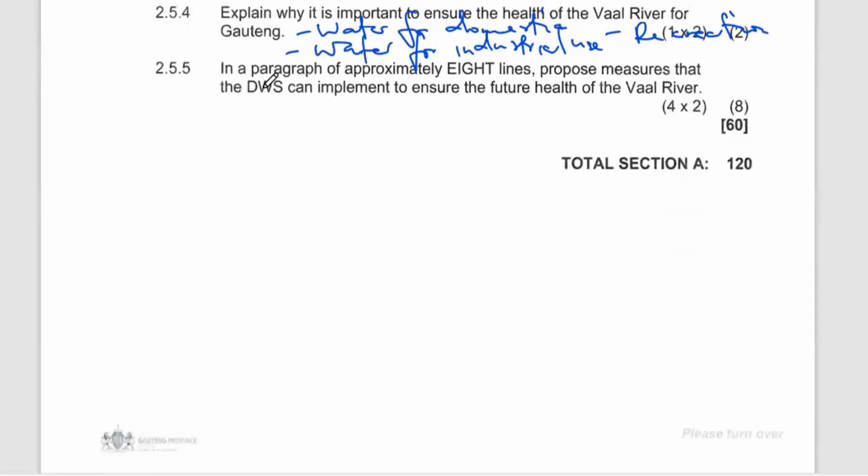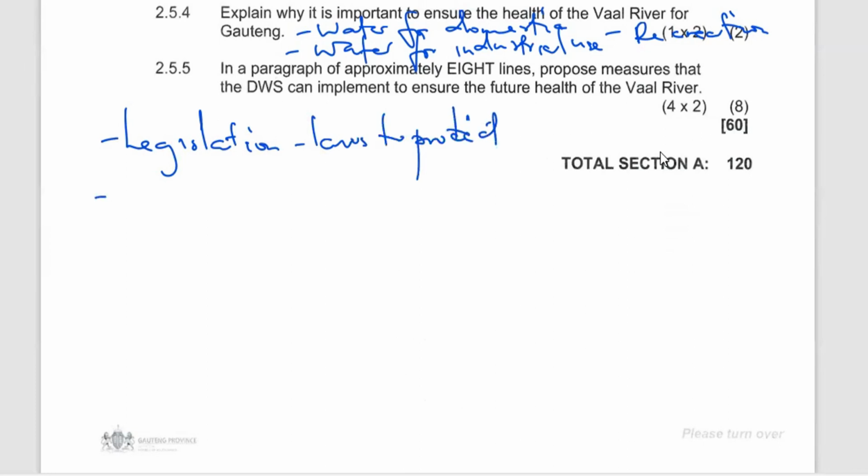Right. In a paragraph of about 8 lines, propose measures that the Department of Water and Sanitation can implement to ensure the future health of the Vaal River. There are so many strategies. We can talk of legislation: they can put in place laws to protect the river.